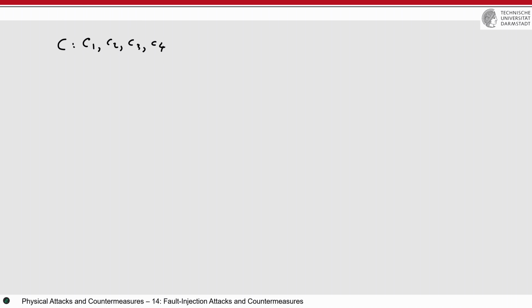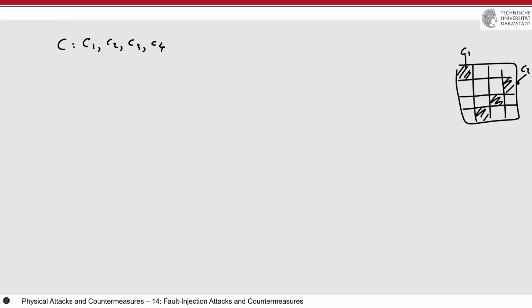And as I said, we ignore the indices, and we suppose that here, this is the ciphertext, and here is the first one, and this is the second one, third one, and fourth one. Now this we call C1, and here C2, and here C3, and here C4. They are just those corresponding ciphertext bytes that we concatenate together.